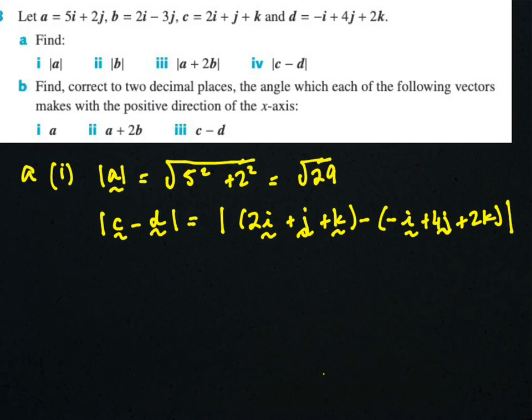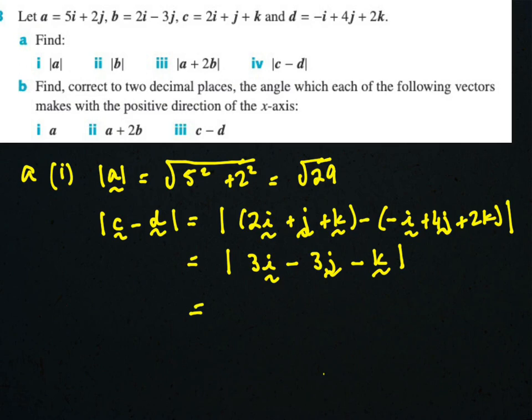Okay, so what does that come to? Well, I believe it comes to this. Getting the i's together, we've got 3i, and we've got minus 3j, I think, because it's 1j minus 4j, minus 3j. And what have we got for the k's? It's 1 minus 2, so it's negative 1k, otherwise known as just minus k, and we need to find the magnitude of that in the usual Pythagorean way.